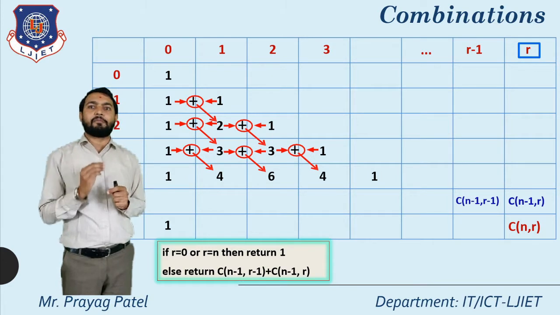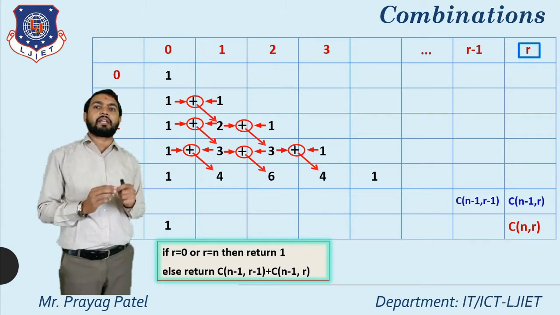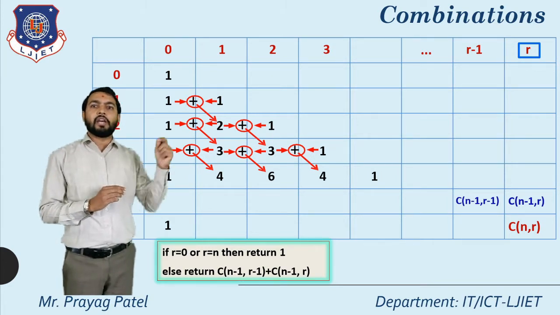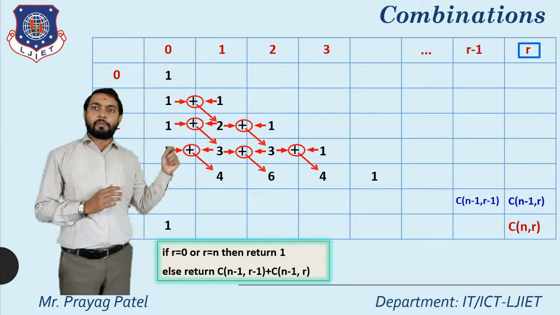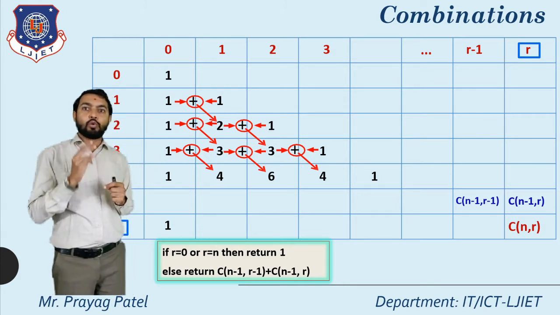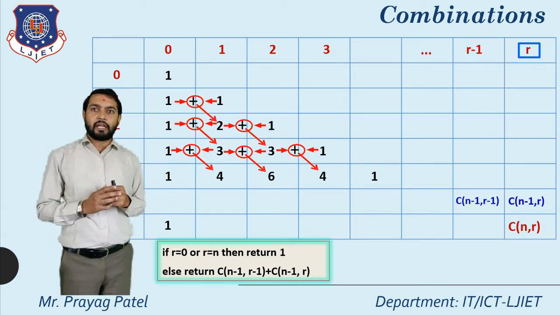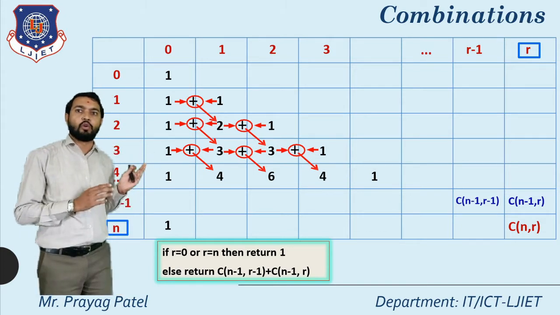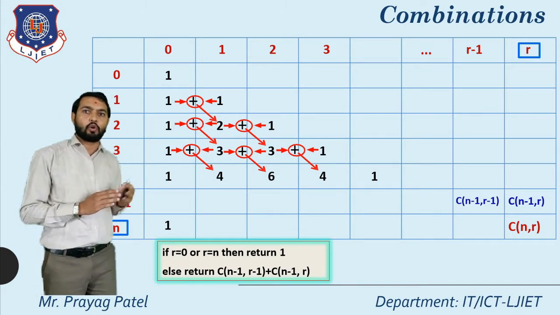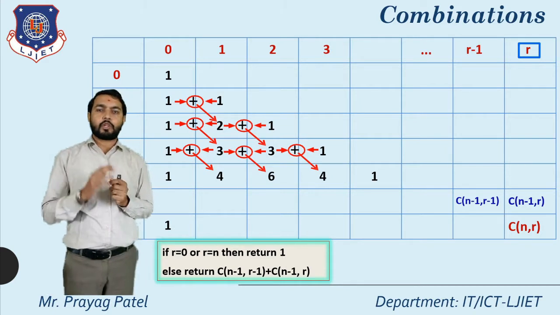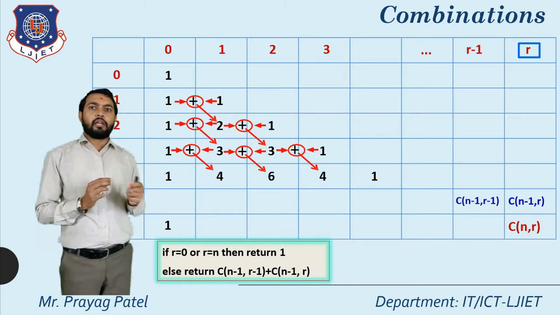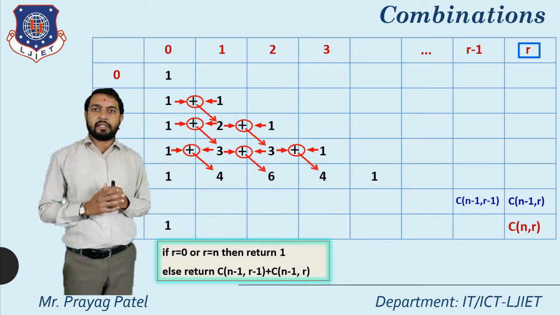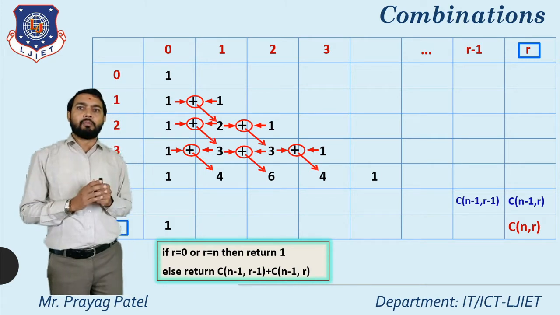That means 6 different possibilities for selecting 2 elements from the available 4 elements. In the previous example we selected 2 elements from 3 elements. That means at location 3 2, third row, second column, the value is 3: 1 2, 2 3 and 1 3. So this is a simple combination.